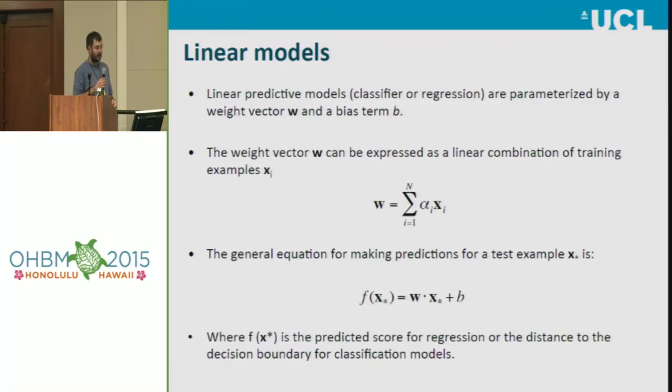The alpha i describe the individual weights of each example in the sum. Once we have that, we can make predictions for a test example x star by plugging this into our predictive function. If it's regression, this will give us our prediction score, or if it's classification, it will be the distance to the decision boundary.